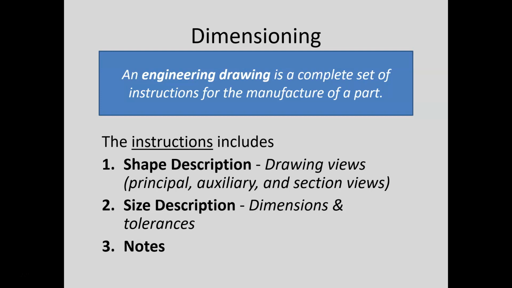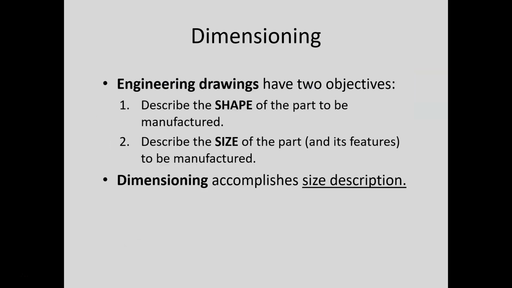So really these instructions are a shape description, a size description, and then any additional notes. Okay, any additional notes to help describe things that aren't easily described with shape or size. All right, so those are the three things that an engineering drawing is trying to do.